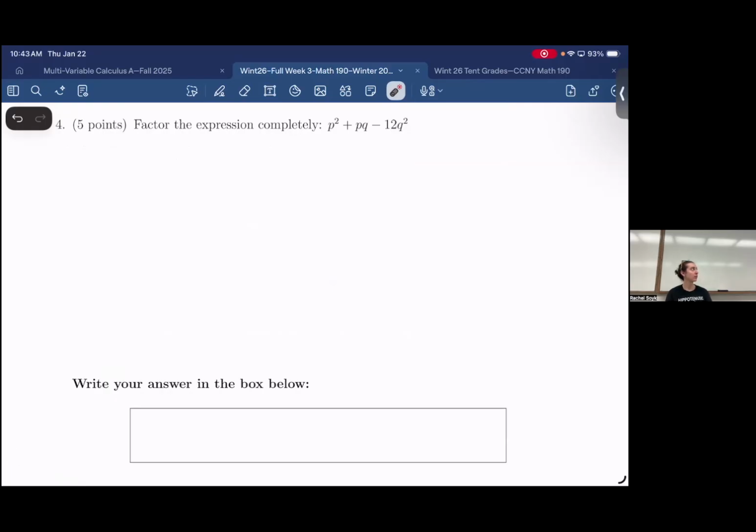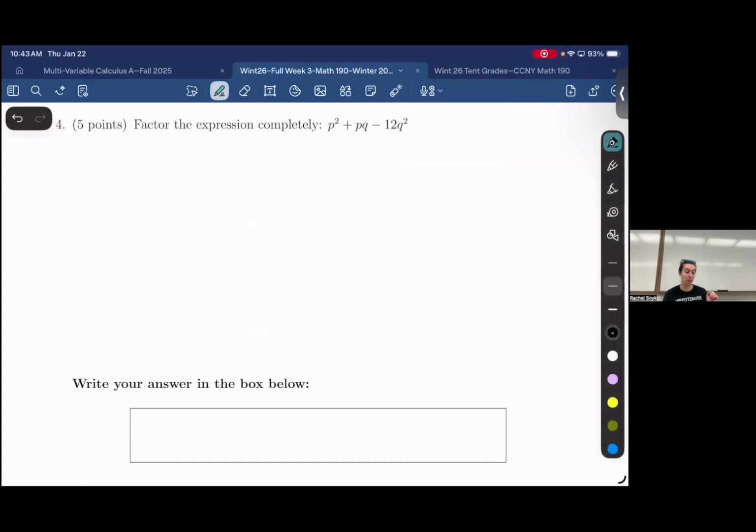Question 4, we have factor the expression completely. So you want to identify your P is really like your X in disguise. And so this last term is really your constant, your C value. So we want to find factor pairs of our C, negative 12Q squared, that add to your B value.